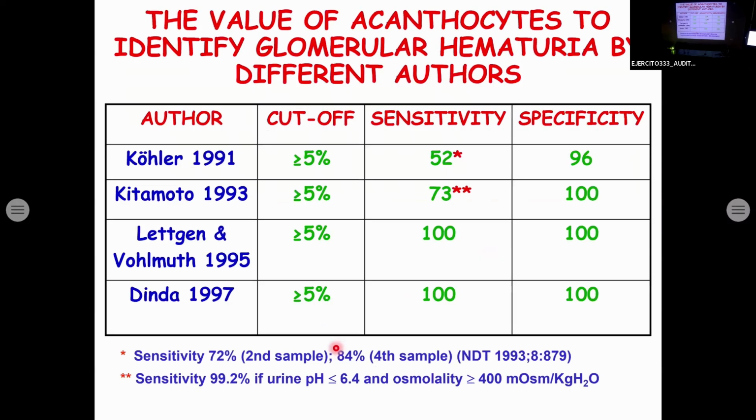And after this landmark paper, other papers have been published in 1993, 1995, 1997. All these different authors found that the cutoff to be used was 5% or more, with a sensitivity which ranged from 73 to 100%, and always 100% specificity.